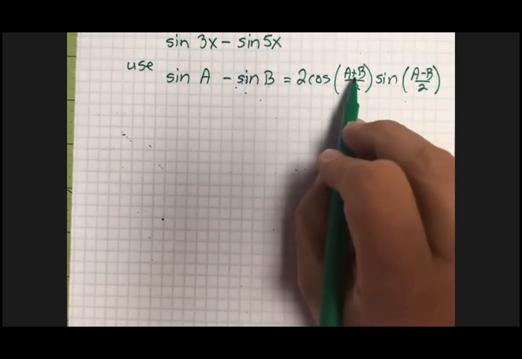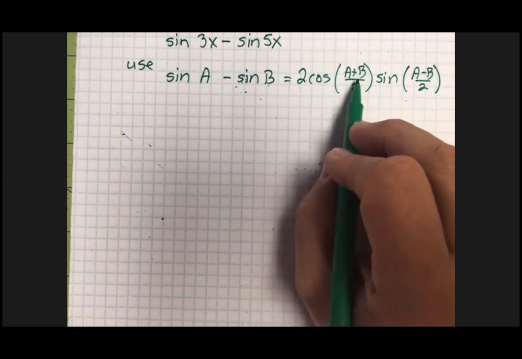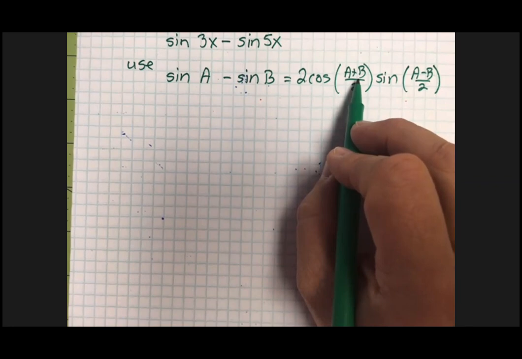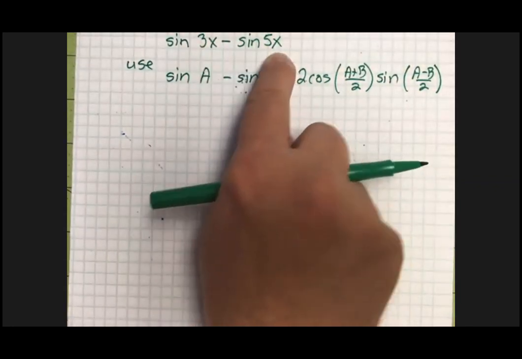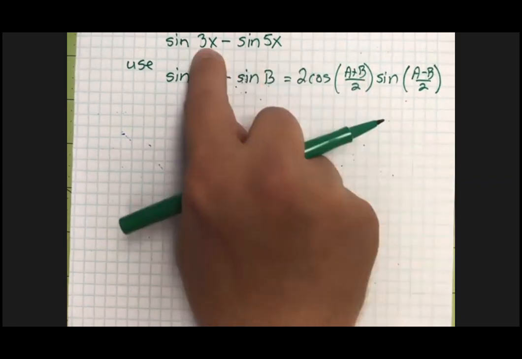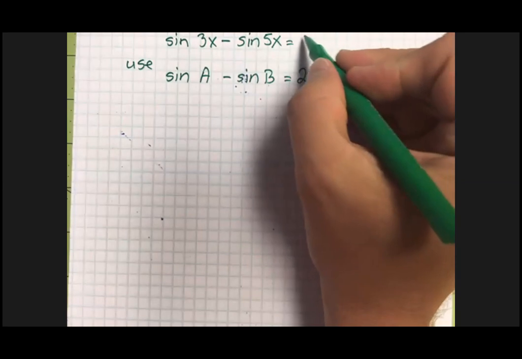Now look at A plus B over 2. That's like the average of A and B. So if A is 3x and B is 5x, then A plus B is 8x, and 8x divided by 2 is 4x.